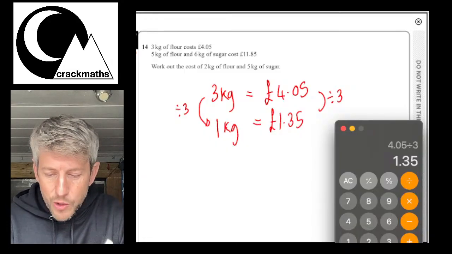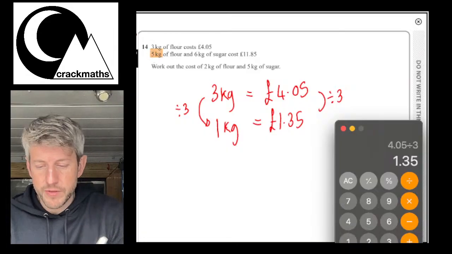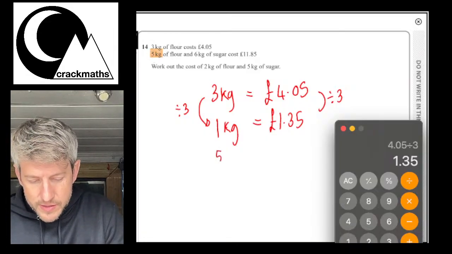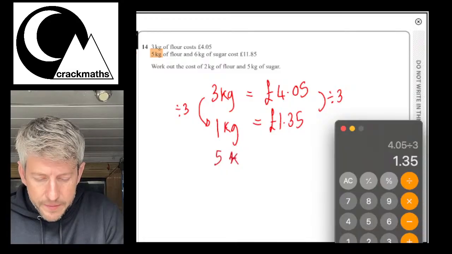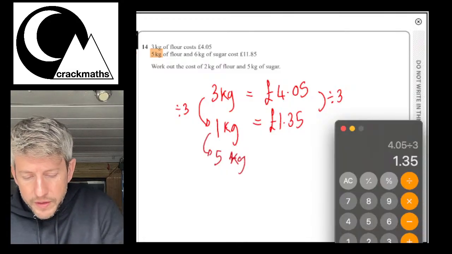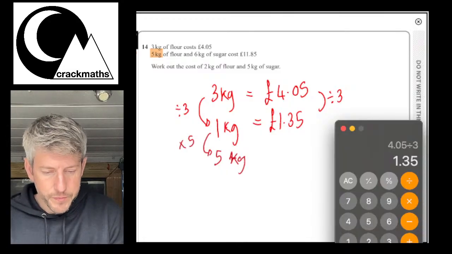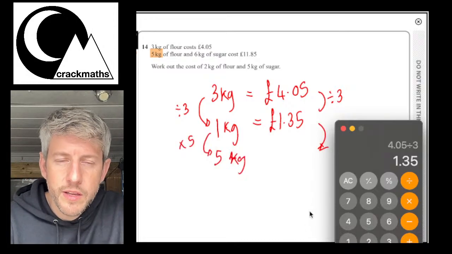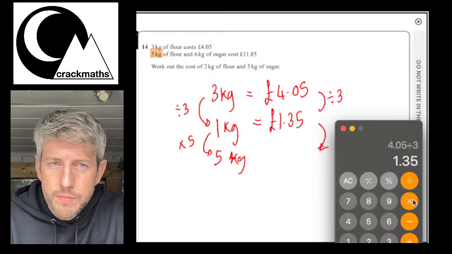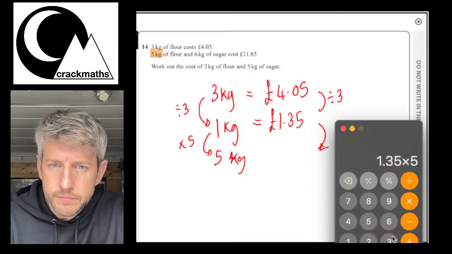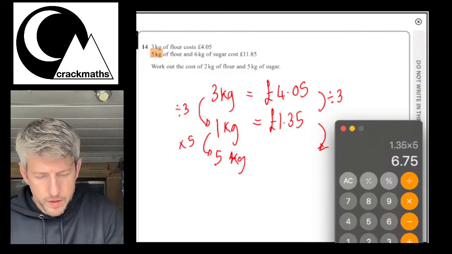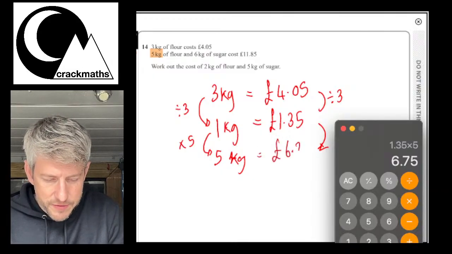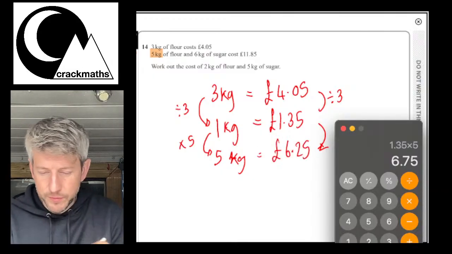So let's now look at how much 5 kilograms of flour costs. We can simply multiply our 1 kilogram of flour by 5. So 1.35 multiplied by 5 equals £6.75.